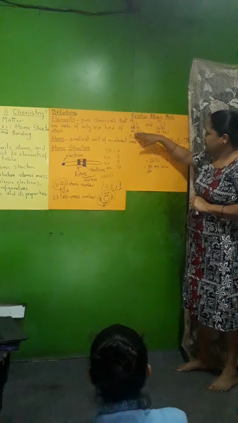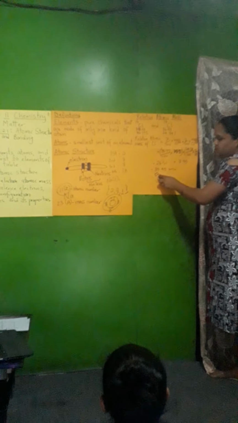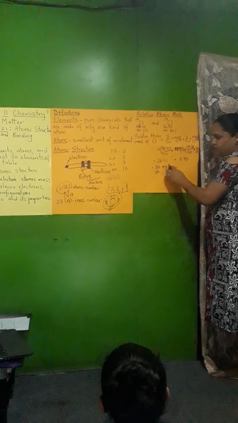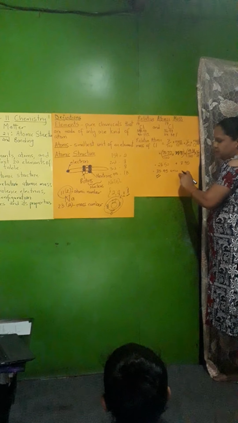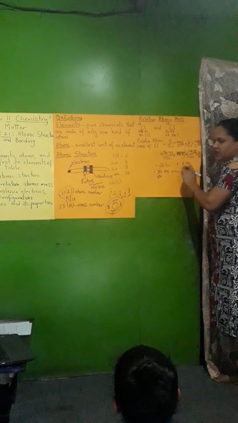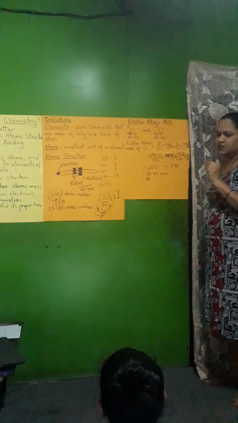You will add that to the percentage abundance of chlorine 37, that is 24.34 divided by 100 times 36.34, that is close to 37. When you do your calculation, you will get 26.50 plus 8.95. Therefore, the relative atomic mass of chlorine is 35.45 atomic mass unit. This AMU stands for atomic mass unit.